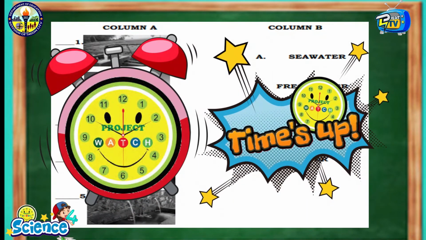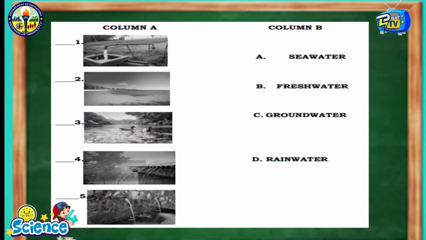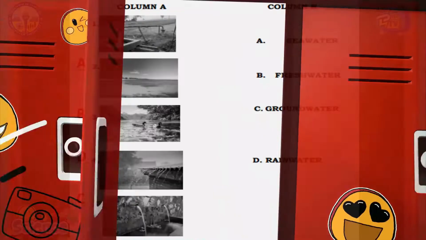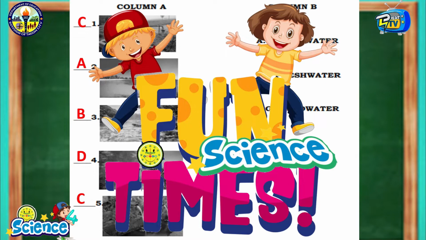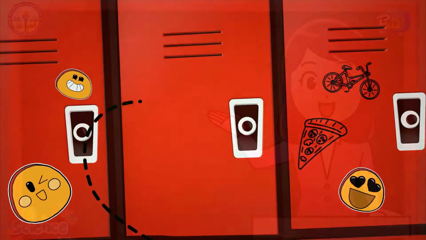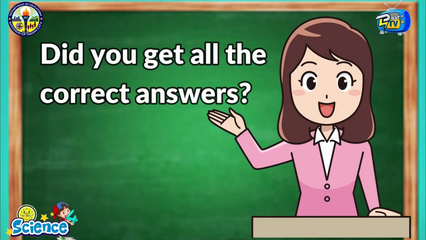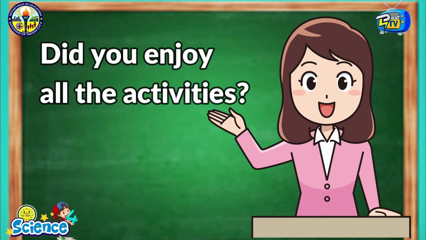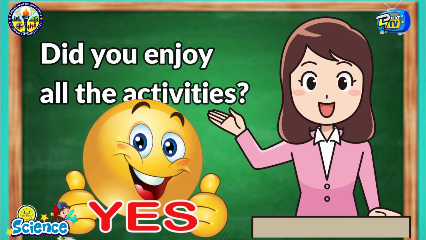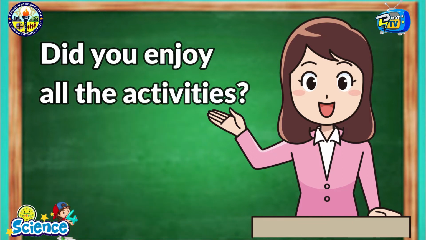Time's up! Let's check your answers. Do you have the same answers with these kids? That's great! Did you get all the correct answers? Excellent! Did you enjoy all the activities? Wow! I am glad to know that.